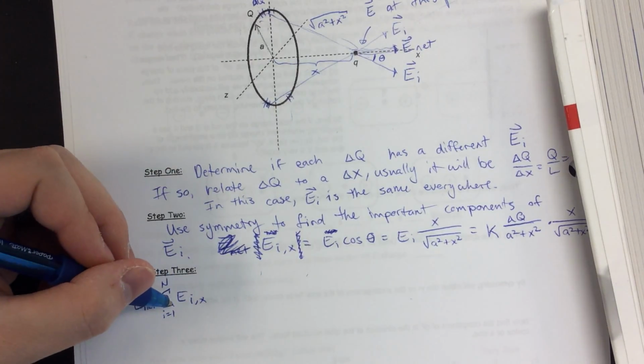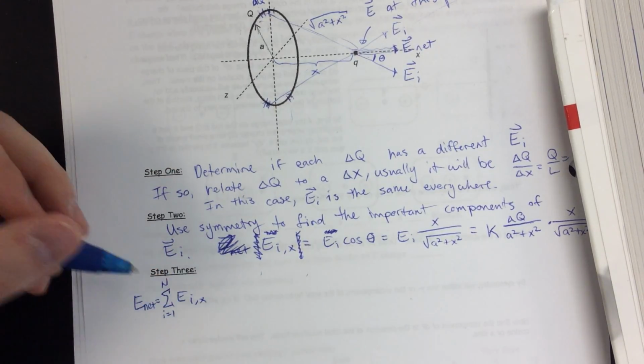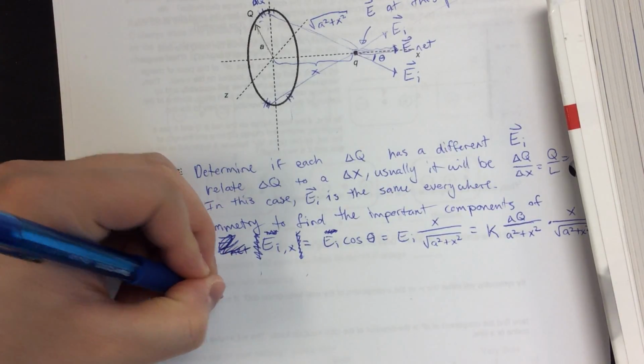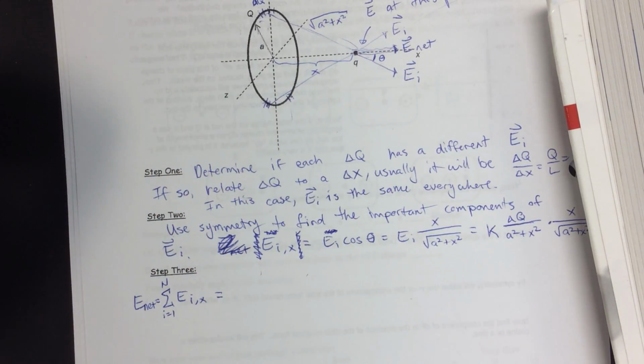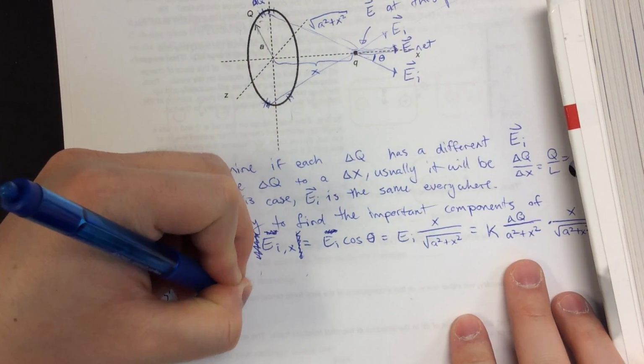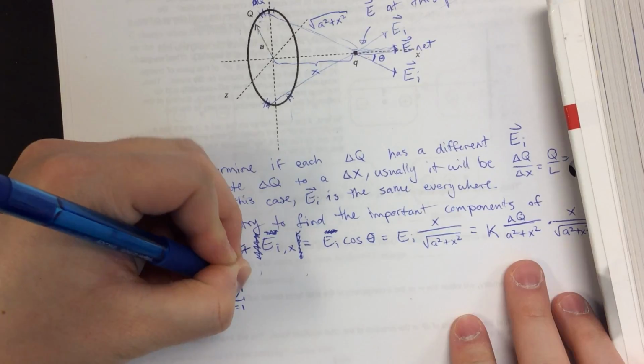The assumption here is that each slice is small enough to treat each slice like a point charge, but it doesn't really matter because in the end we're going to make an infinite number of slices. So we're trying to sum this.